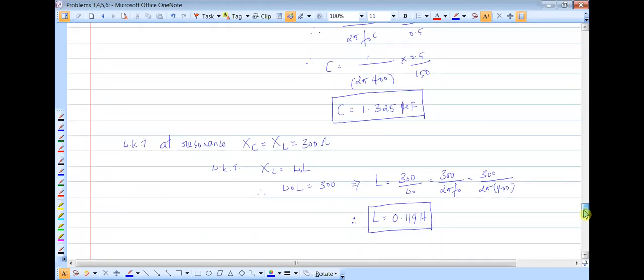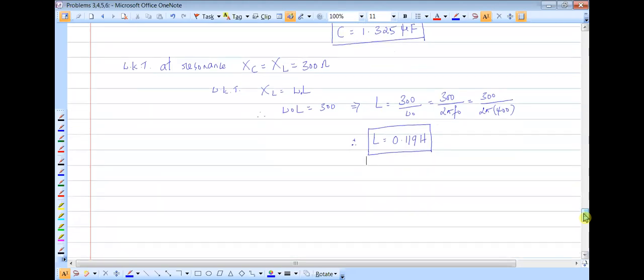Now tell me, can you think of an equation at resonance which involves R? Just for your reference, at f equal to f naught, that means at resonance, what's happening? Z is equal to what? At resonance, what is Z equal to? Z is equal to R. Very good. What is omega L equal to?